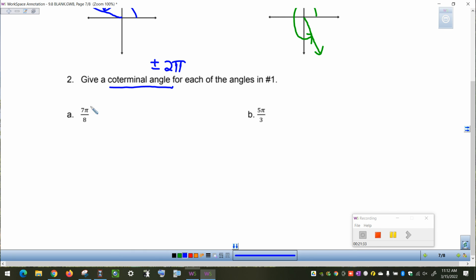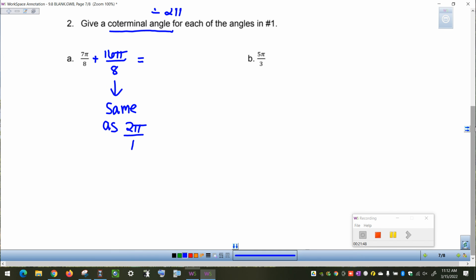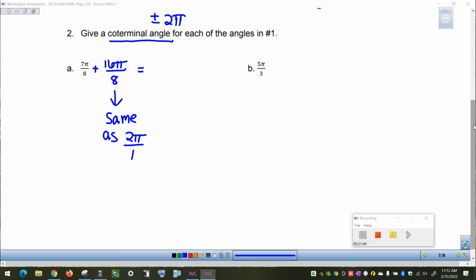So in this case, for the 7 pi over 8, I'm going to add 16 pi over 8. So notice how that 16 pi over 8 is really the same as 2 pi over 1. I just multiplied the top and bottom by 8 so that the denominators could be the same. When we add across the top, we get 23 pi.